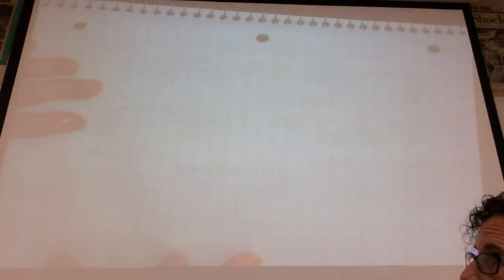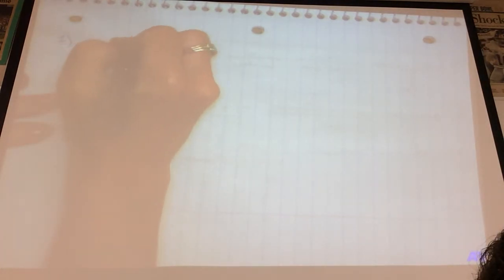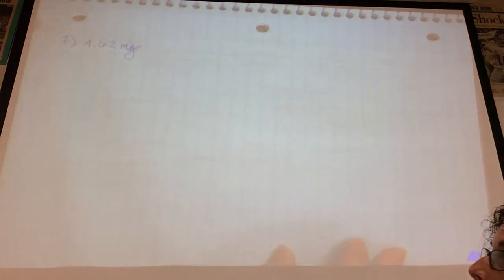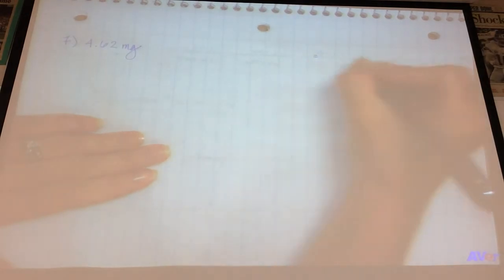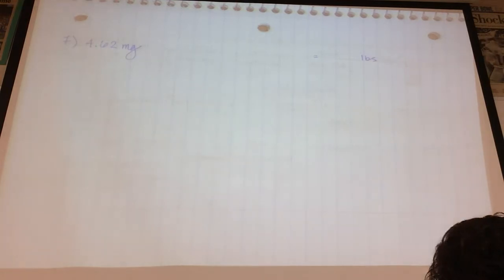Those are a little more challenging because they require both a decimal point slide, if you will, and a conversion, and I'll show you what I mean here. On number 7, they give you 4.62 milligrams, and we want to get to pounds. And sometimes there is more than one way to do a problem.